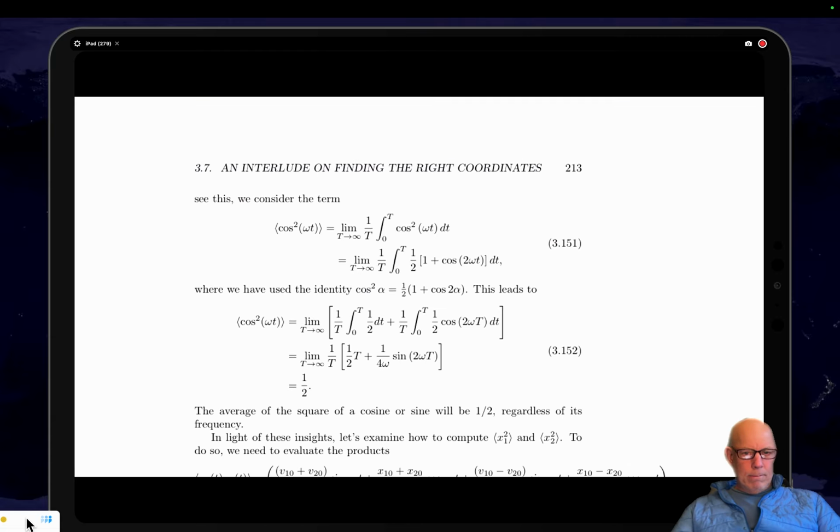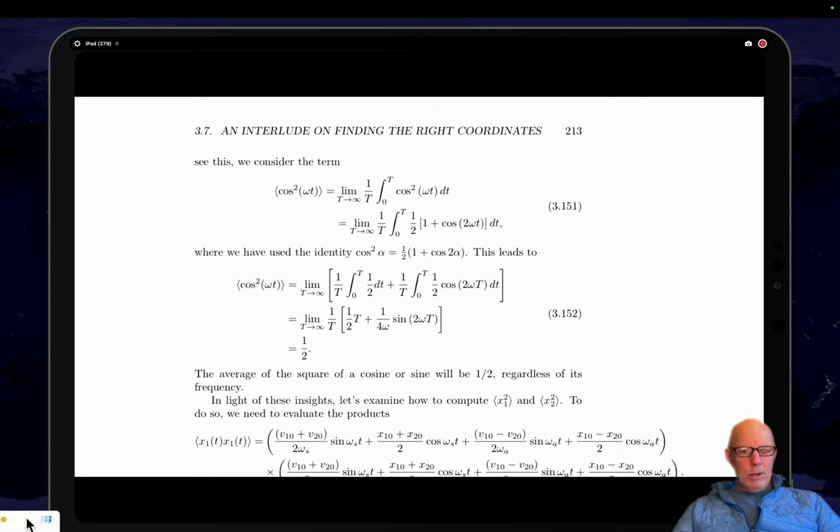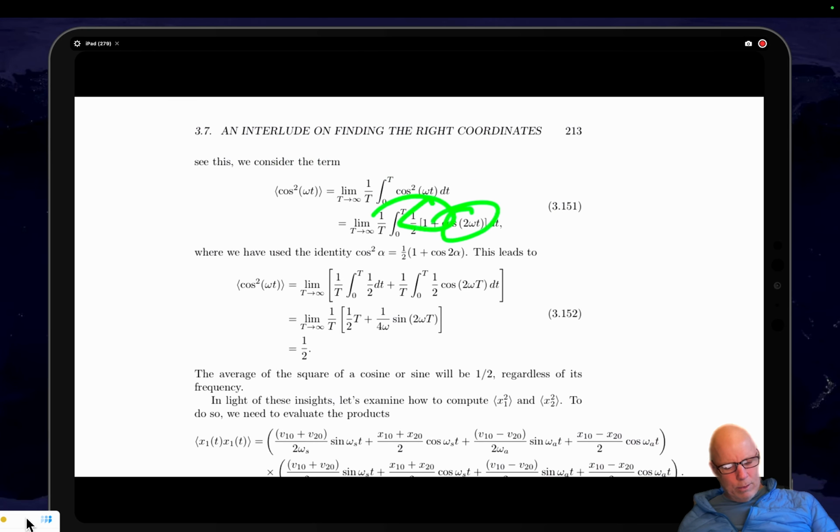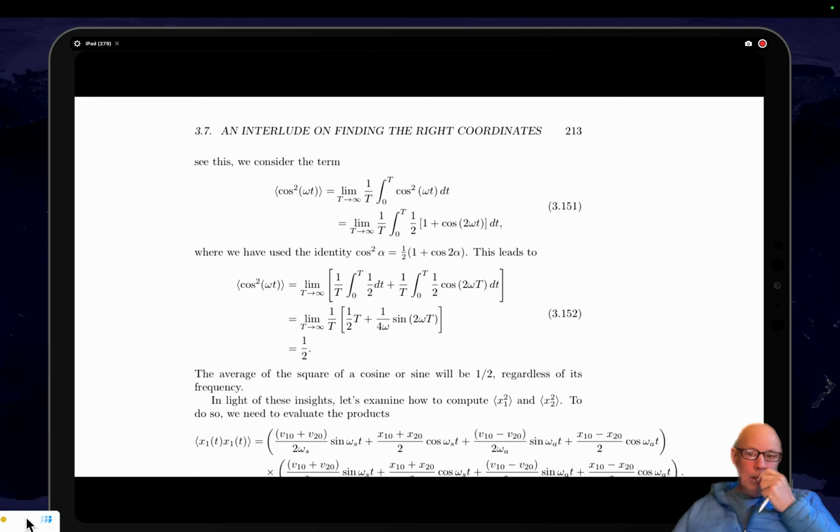But there are also terms of this variety, cosine squared omega t, and those are actually non-zero. Again, you can take a screenshot, but here's the idea. We use the fact that cosine squared of x is equal to one half of one plus cosine 2x. We plug it in. We know how to do the integral of cosine, and we know how to do the integral of 1. We end up with this result. This term cancels out, and we're left with a half. So that's cool.